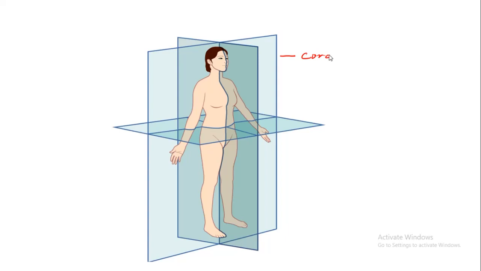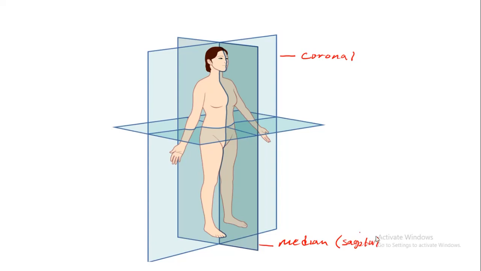And the coronal line is simply dividing the body into posterior, which is the back, and anterior, which is the front. The other line, which is the median line, and this median line is also known as the sagittal line.